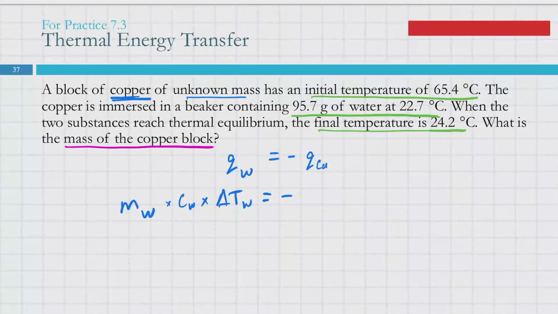Equals negative Q copper, which is the mass of the copper times the c value for the copper, the specific heat capacity, times the delta T for the copper. And we can expand the delta T, so sub in Tf minus Ti. Whatever our final temperature is, in the case of our water, it's higher than our initial temperature, and the same thing is going to work for our copper.